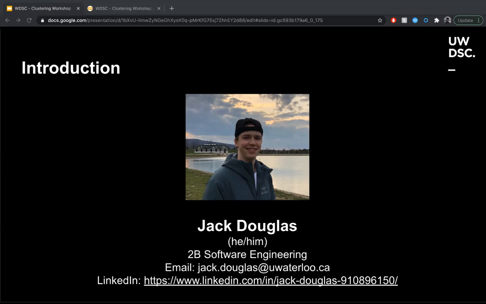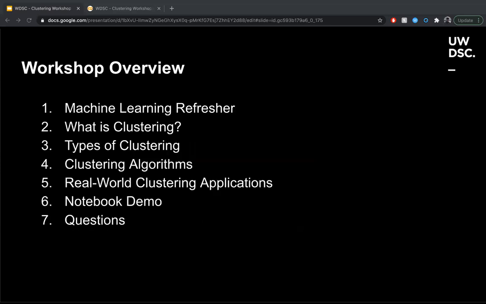So without further ado, let's move on to the workshop overview. I'll be starting off with the machine learning refresher, just going over what is machine learning and the types of machine learning and kind of give you context for where clustering fits into that. Then I'm going to be going over what actually clustering is and the types of clustering, as well as going over the algorithms that we used in clustering.